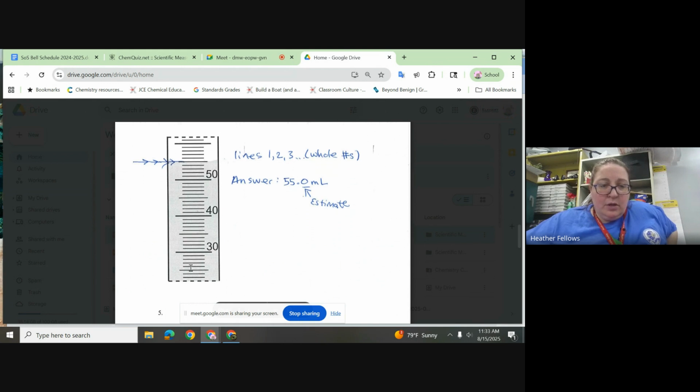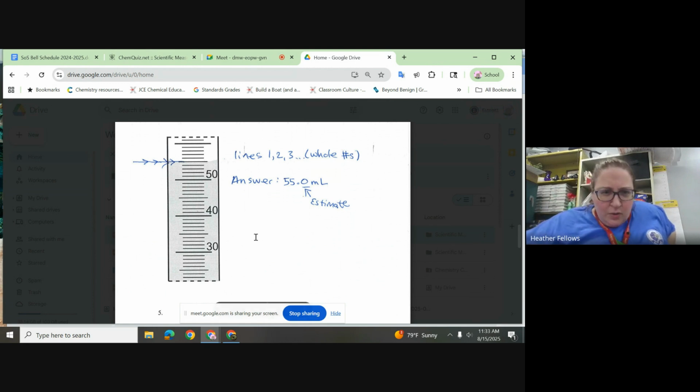Here's another solution, and we could see the lines here. So we got between 40 and 50, so 45, 46, 47, right, whole numbers. And so then we will do 1, 2, 3 as our measuring.